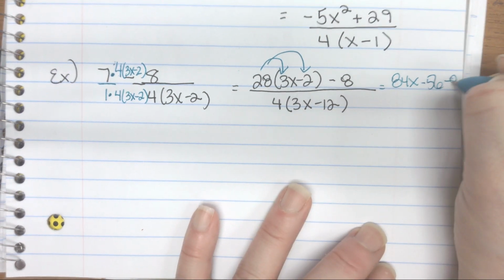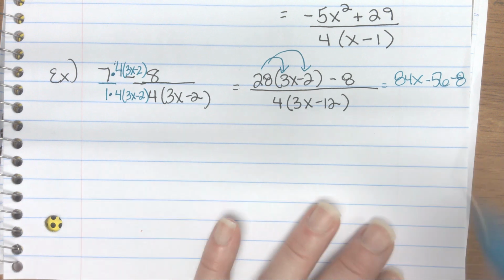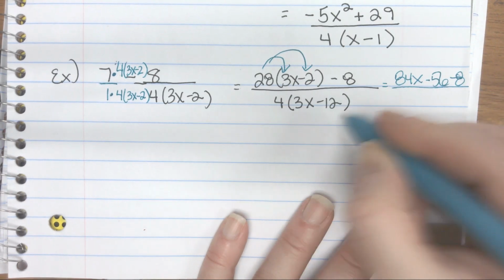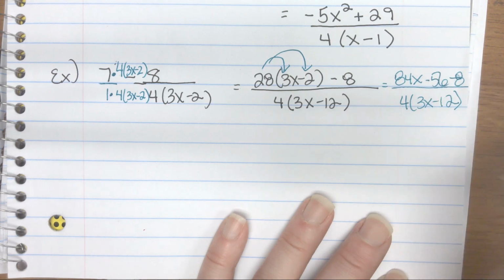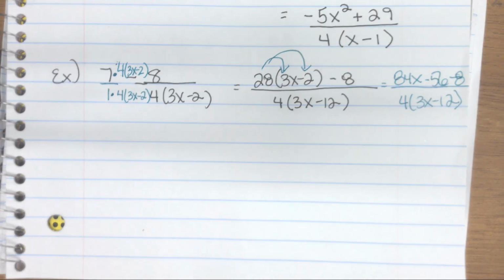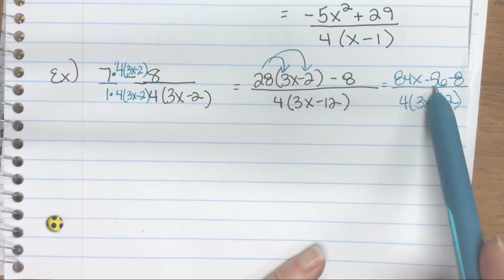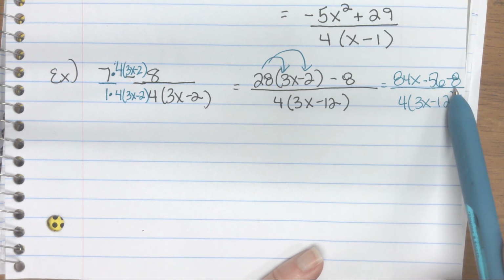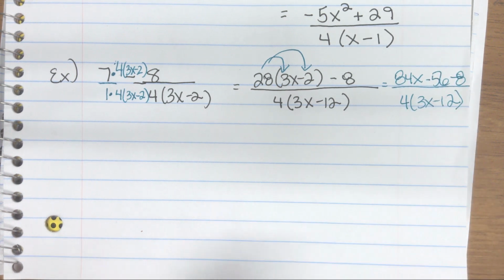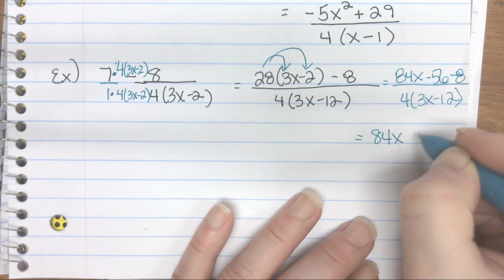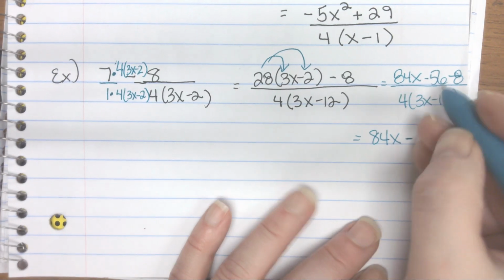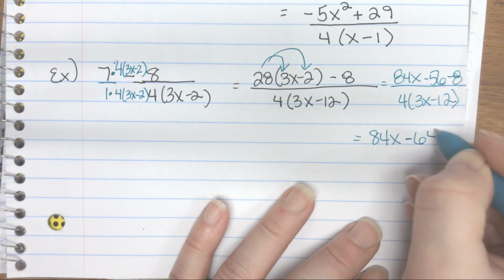And I still have that minus 8 there, and we can distribute or leave this as 4 parentheses 3x minus 12. All right, the only thing I could do is then I could simplify minus 56 minus 8. And minus 56 minus 8 is minus 64, I believe.